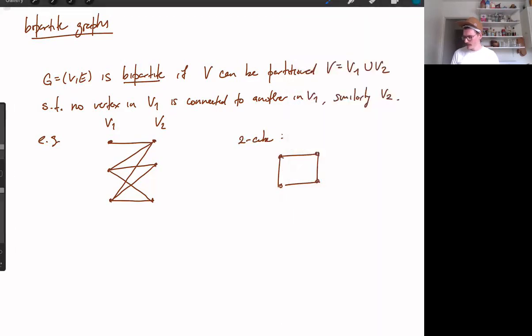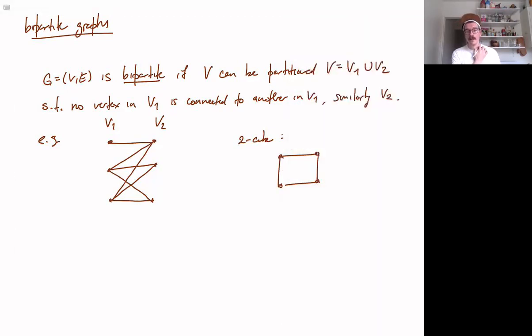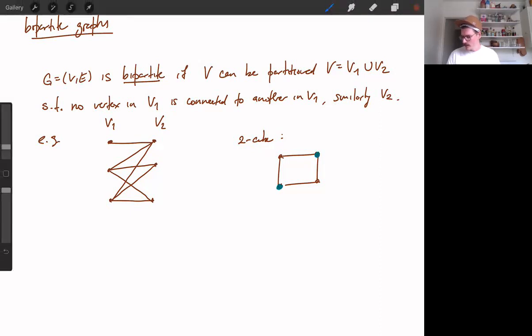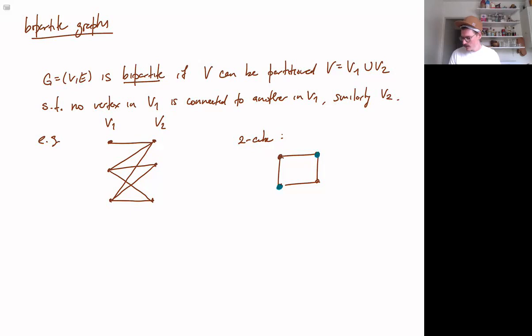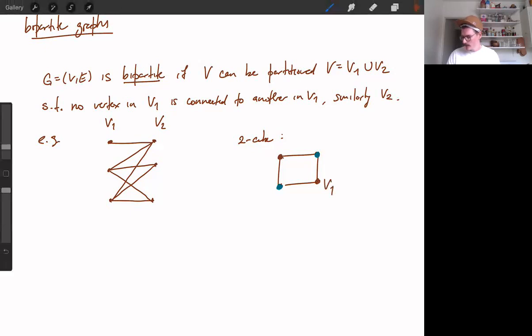But there is a way to split up the vertices so that it works like this, which is to choose the opposite corners to be the 2 sets. So let's say this is V1 in red and V2 in blue.